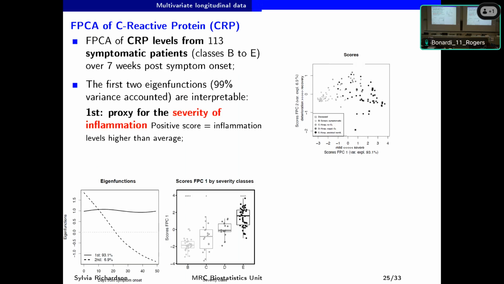If you do a box plot of the severity classes, you can see this clear gradation. So basically, the first eigenfunction is a proxy for severity. If you've got a positive score, you're in trouble. If you've got a negative score, you're below average.